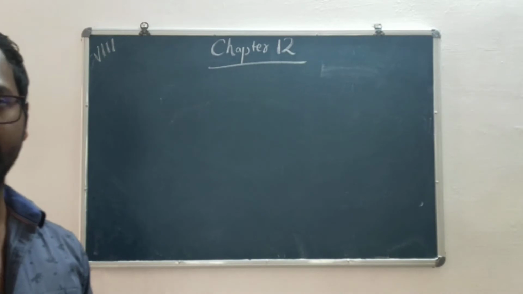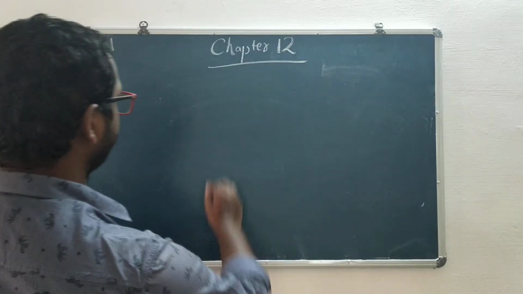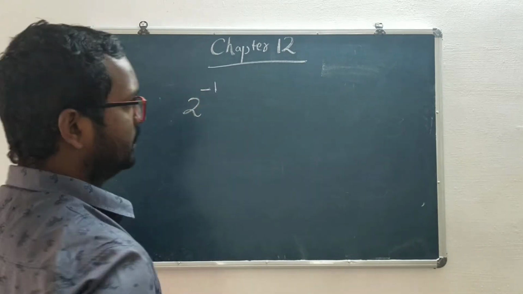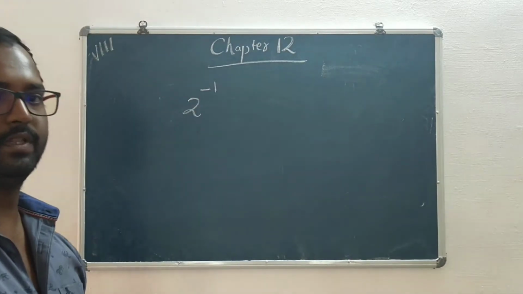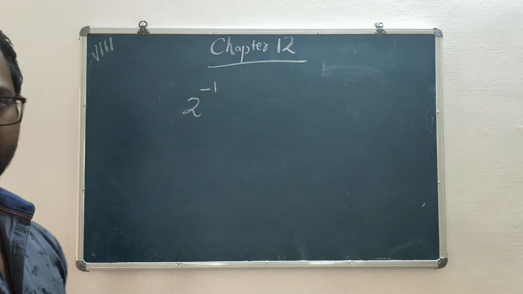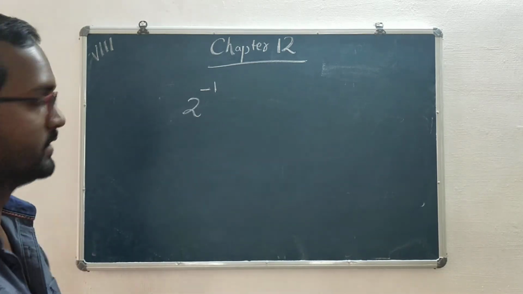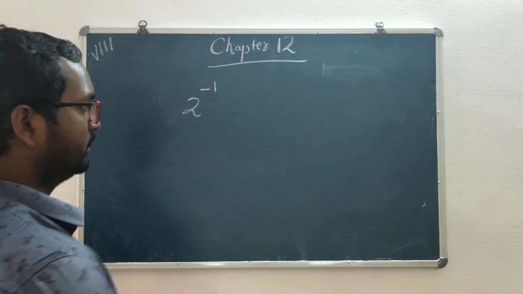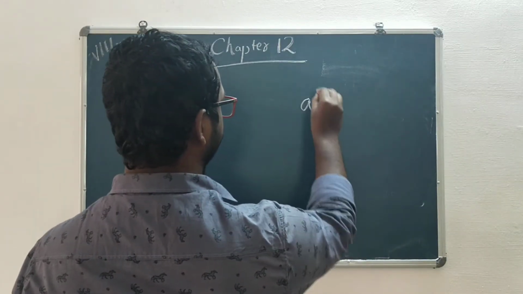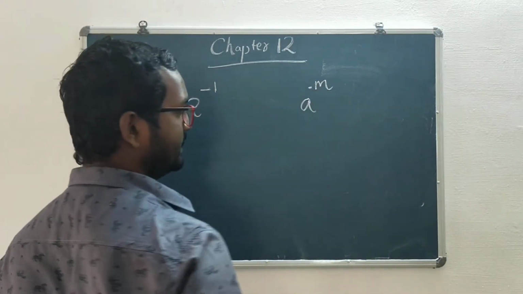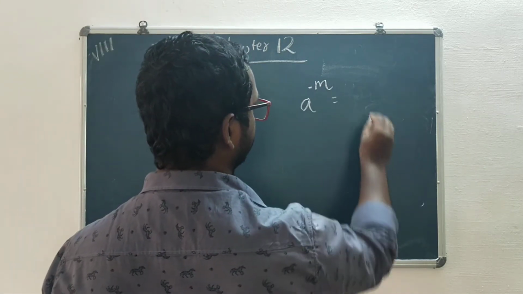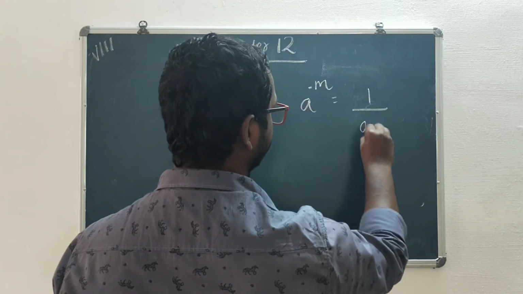Now powers with negative exponents. So let's say we have the value 2 power minus 1. Here the power is a negative exponent. So what should we do now? Remember, a power minus n is equal to 1 by a power n.